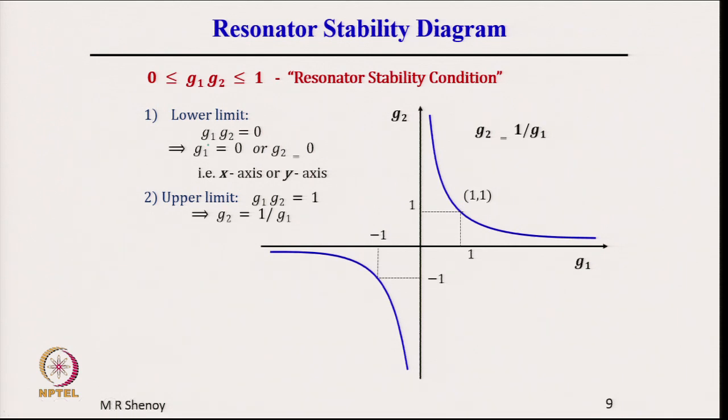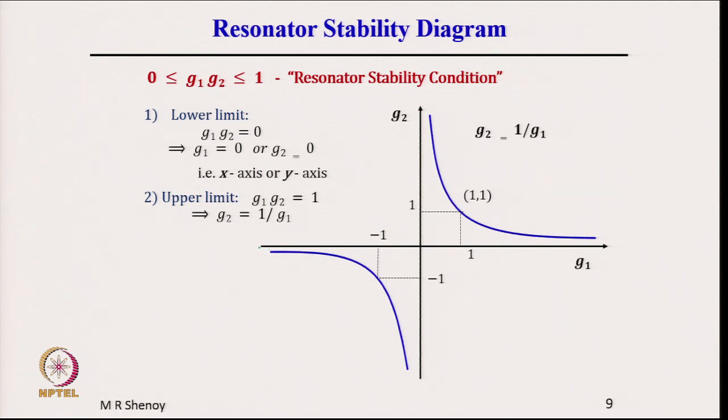So, the lower limit G 1 G 2 equal to 0. So, G 1 is equal to 0 or G 2 is equal to 0. The resonator stability diagram is a diagram where one of the G, for example G 2, is along the y axis and G 1 is along the x axis. So, G 1 is equal to 0 is a limit, which means this axis is a limit. Similarly, G 2 is equal to 0.